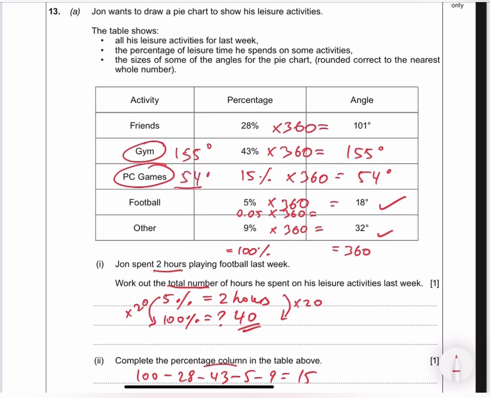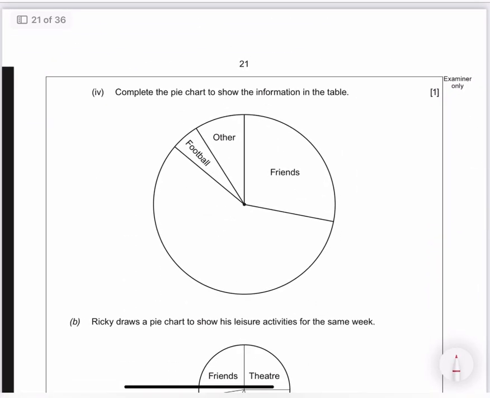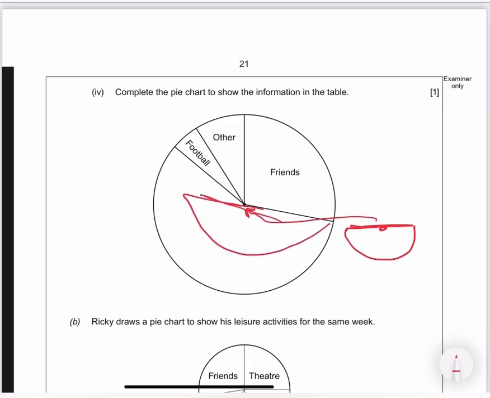I would probably just start by drawing angle 54, so use a protractor, and then whatever is left will be your remaining angle. Okay, so your protractor should look like that. The center should be placed in the middle of the circle, and align the line with the side of the protractor, and measure the angle you need.